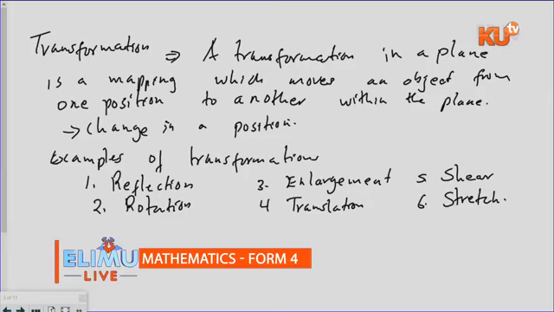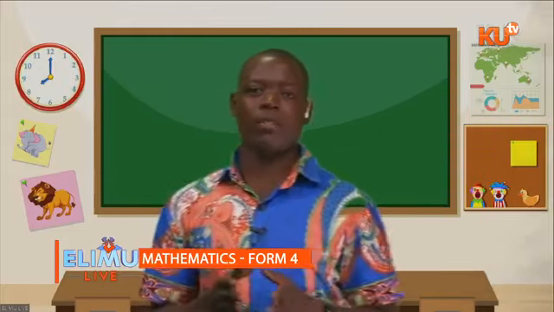And the only difference and the unique thing in the way we are going to carry out this transformation from the previous way we dealt with it in Form 2 is that we are going to apply a matrix. And this matrix is going to be called a matrix of transformation. And that is where the name matrices and transformation comes from.